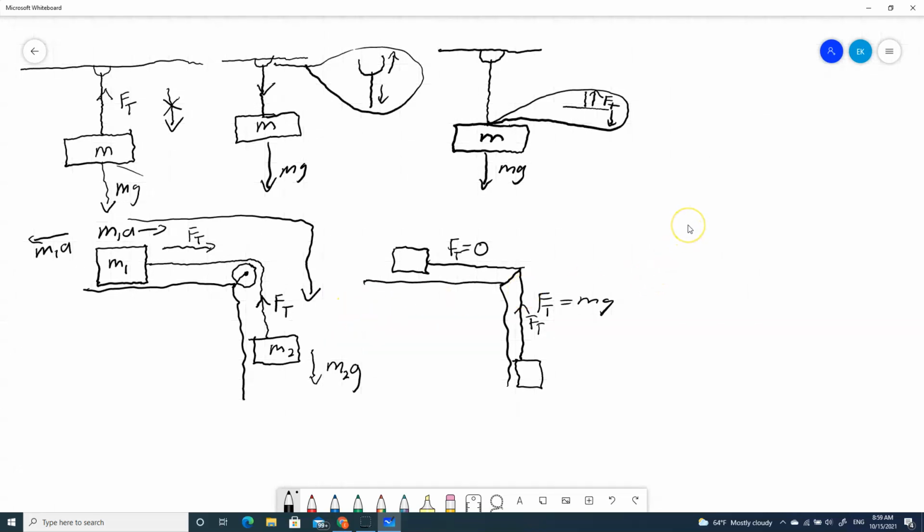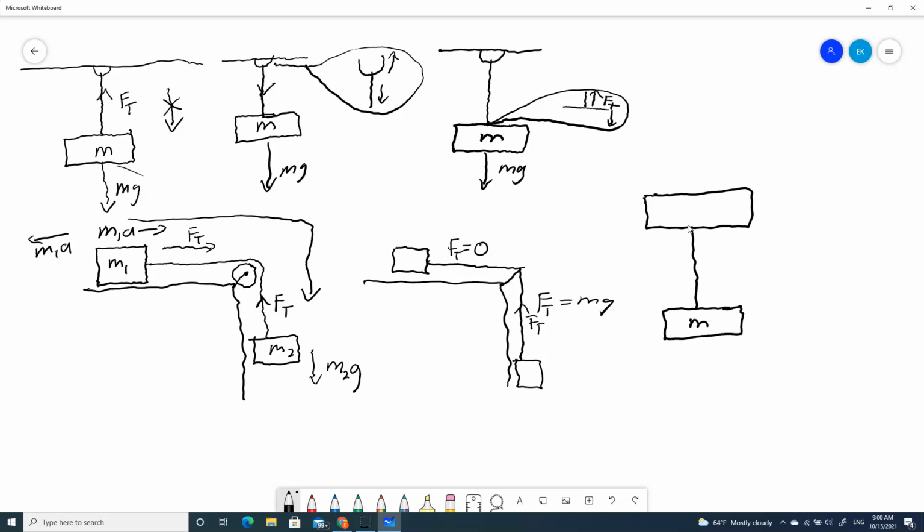And another way to imagine tension is, let's say we just draw the ceiling right here, and we draw the rope and the mass right here. And we can imagine the rope as follows.